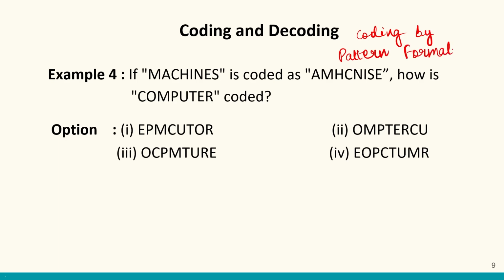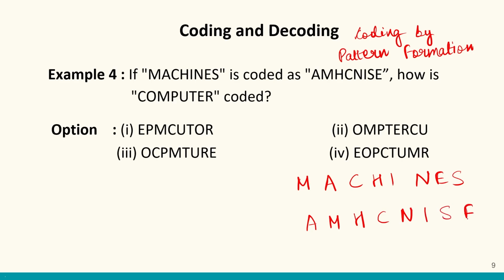Coding by pattern formation. In coding by pattern formation, we have to check what pattern is being followed. Let me write it over here. Machines is coded as AMHCNISE.